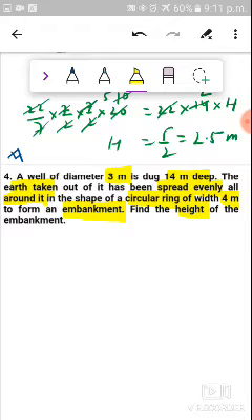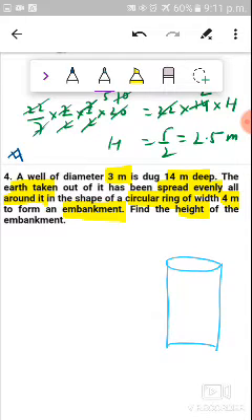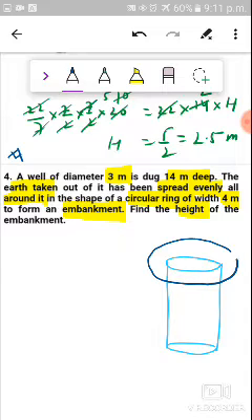Okay. So let me draw the diagram first. This is the well. After digging it, the earth taken out is spread all around it evenly to form an embankment like this.